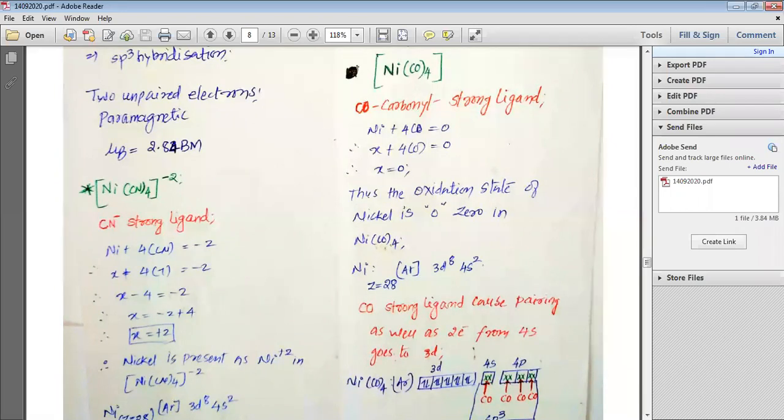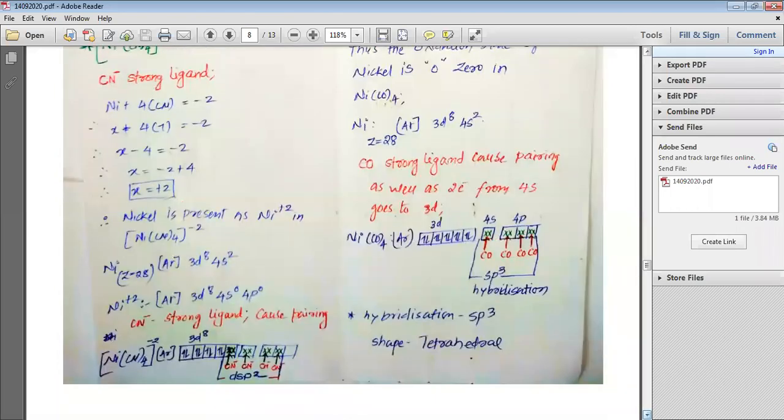Now CO, carbonyl, being a strong ligand, causes pairing as well as moving the 2 electrons present in 4s. These electrons go into the 3d orbital, and this is how the 3d orbital in Ni(CO)4 is completely filled with 5 pairs of electrons, and that is why in Ni(CO)4 the hybridization is sp3.